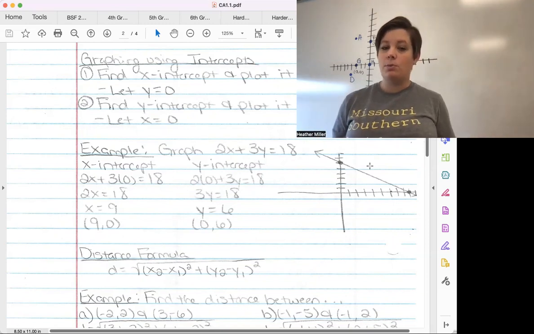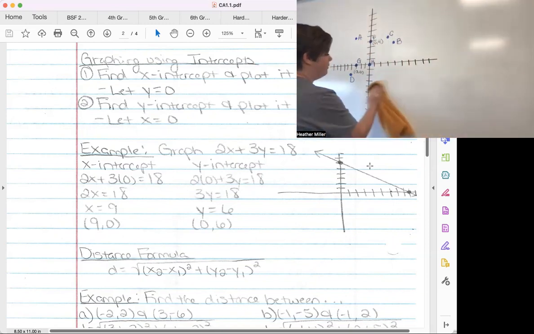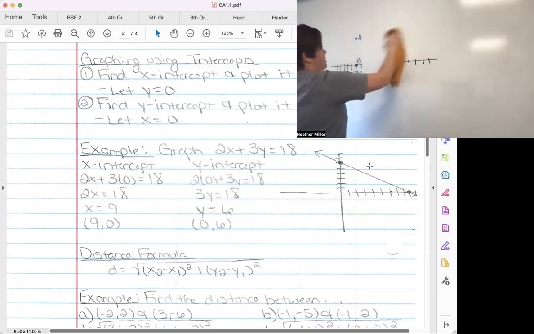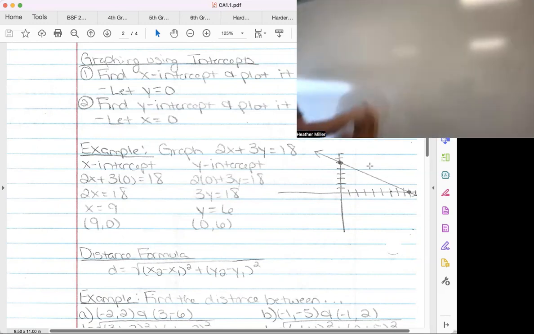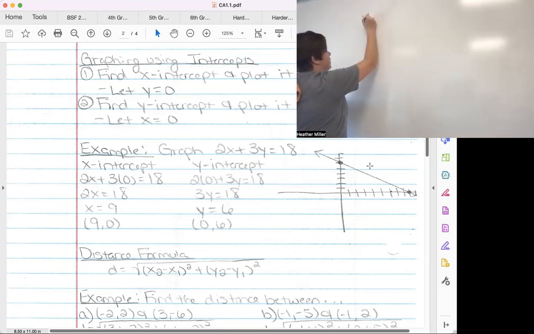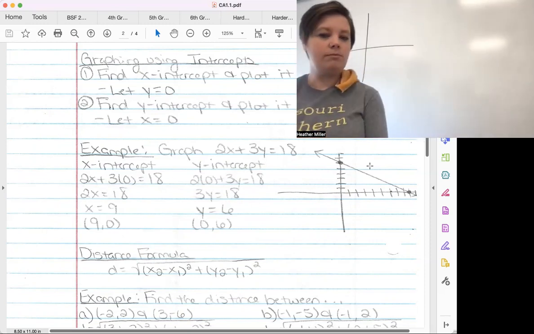You plot both of those points and you connect them, because all you need to graph a line is 2 different points. So using the x and y intercepts actually is a nice way to graph because they're usually relatively simple in terms of algebra.